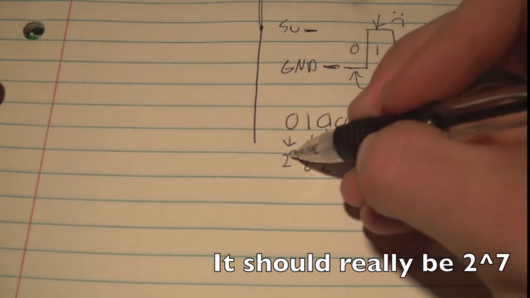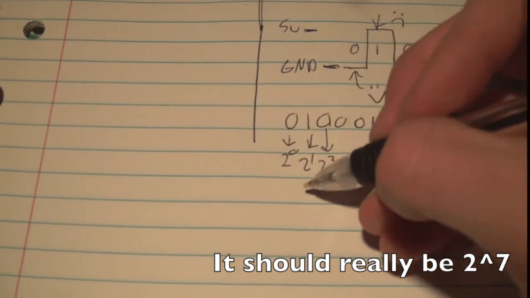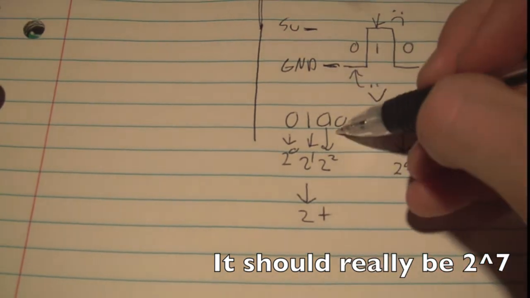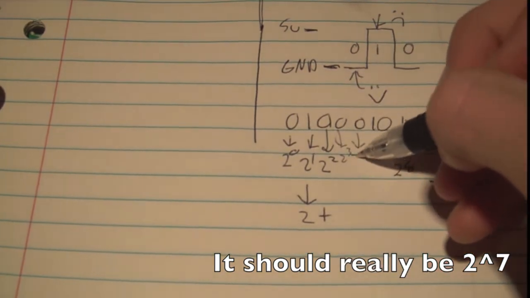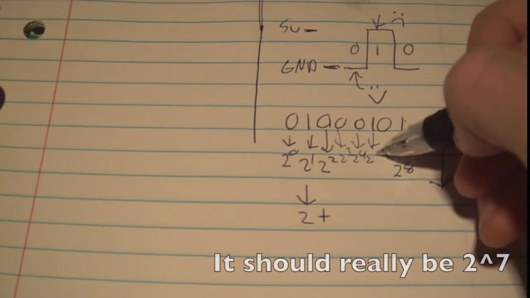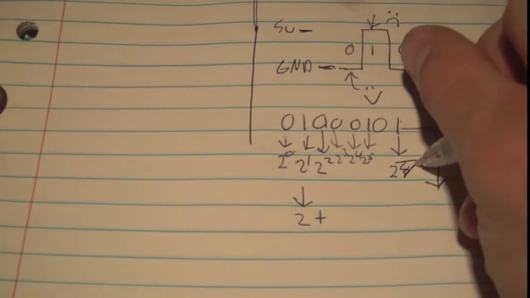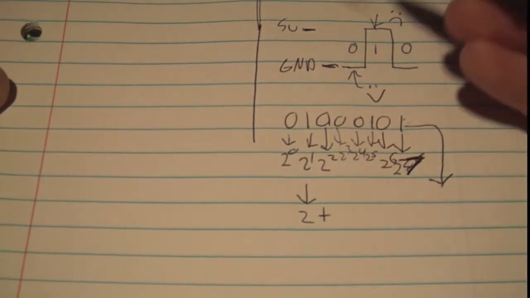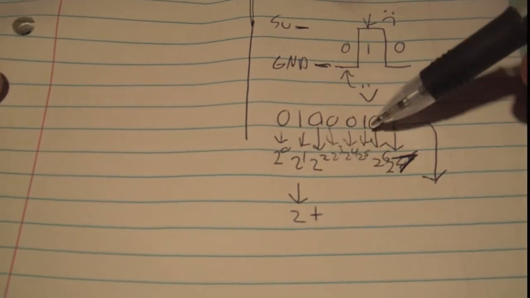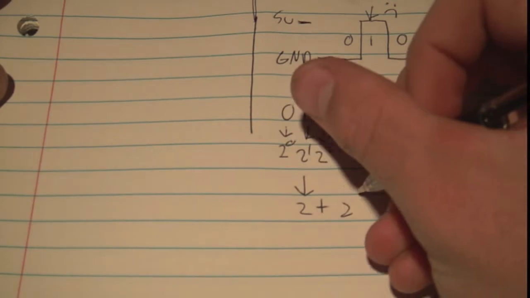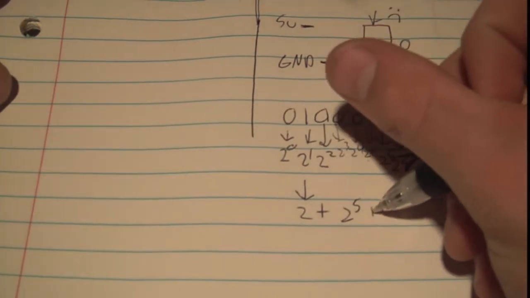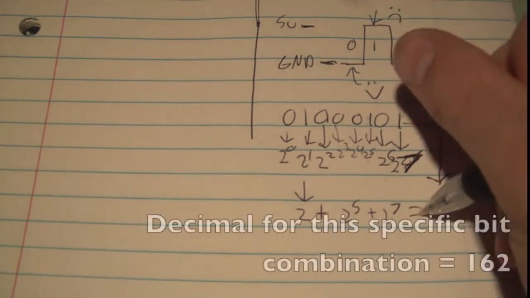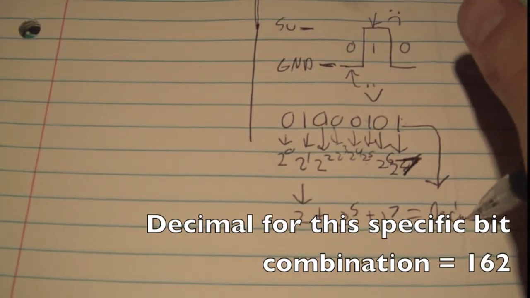In this case, there's no 2 to the 0, but there is 2, so this would be 2 plus 2 to the 5, and then plus 2 to the 7th, because it starts at 2 to the 0. And that would give you your decimal number.